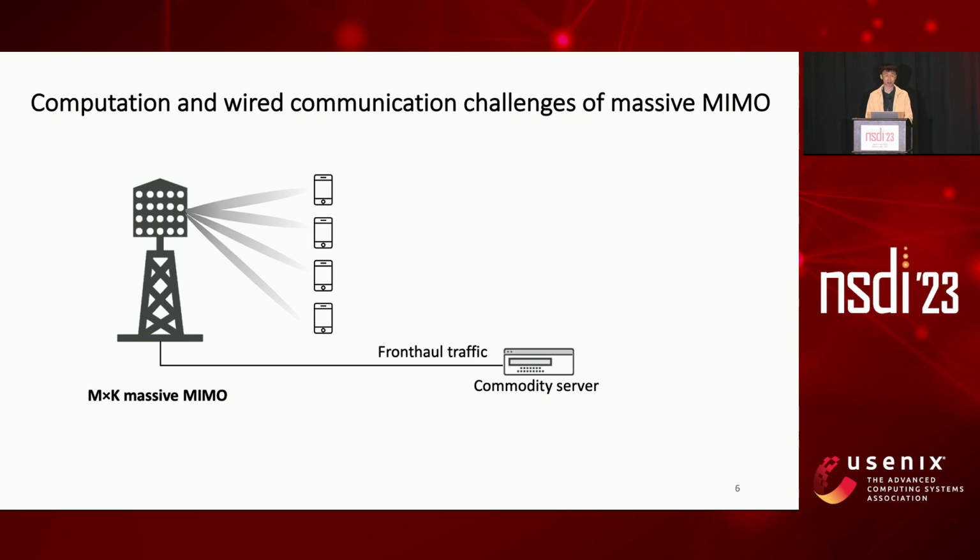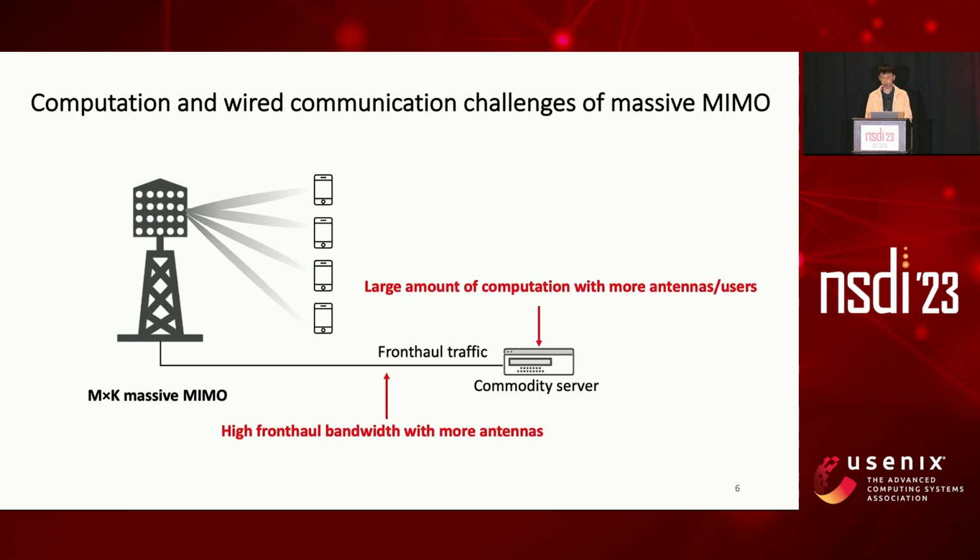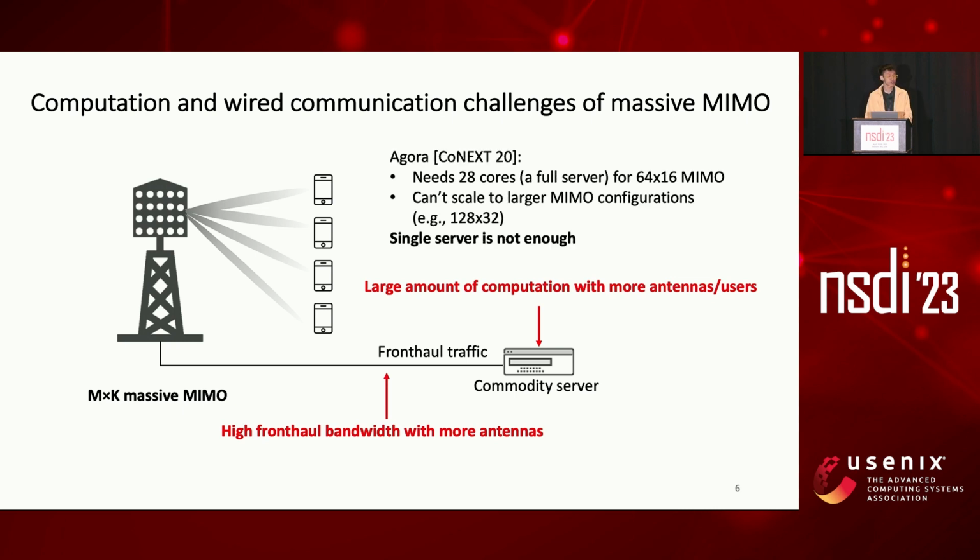This is great, but it presents a problem because of the very high amount of computation and high front-haul bandwidth required by massive MIMO. There is some recent work on designing efficient massive MIMO processing systems on commodity servers, like Agora. The problem of Agora is that it is limited to one single server, so it cannot scale to the increasing number of antennas and users.